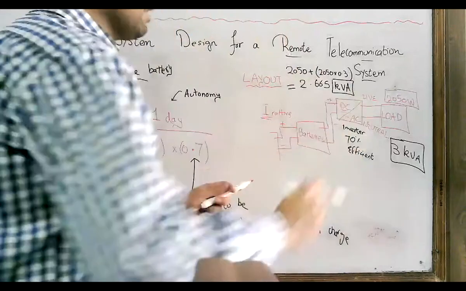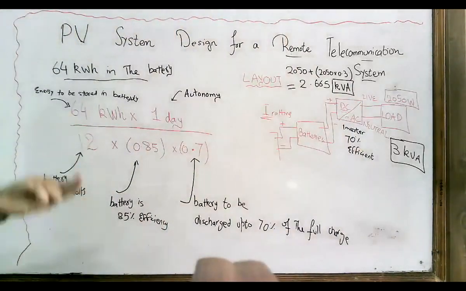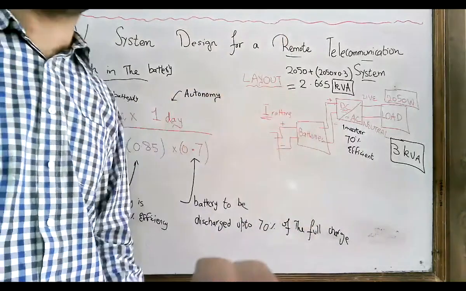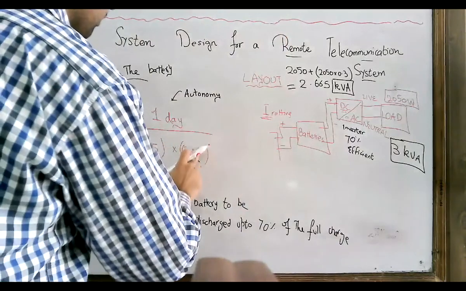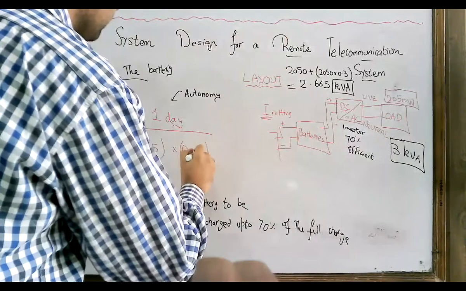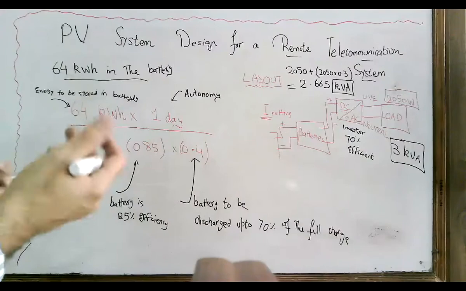That is, in this case, we will discharge our battery not more than 70% of its total energy. You can take it 0.8 or you can take it 0.4. That is, you will discharge the battery up to 40% of the full charge, but we are not going to do that.